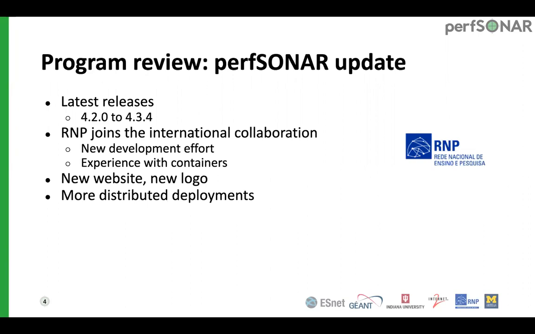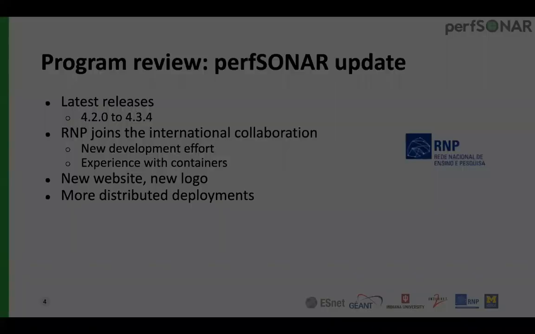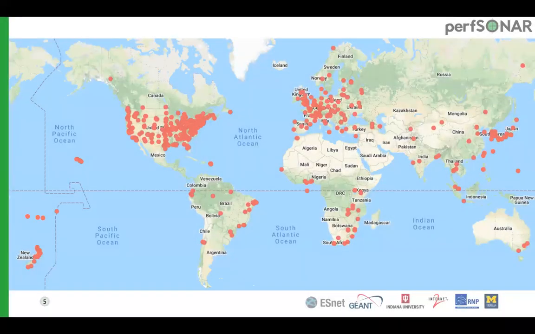And also, you probably know all that already, but we have a new perfSONAR website, we have a new logo. And also importantly, we still have a great number of different perfSONAR deployments around the world, a number that is actually stabilizing.